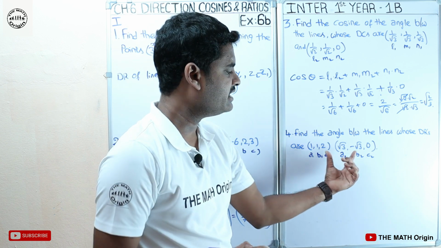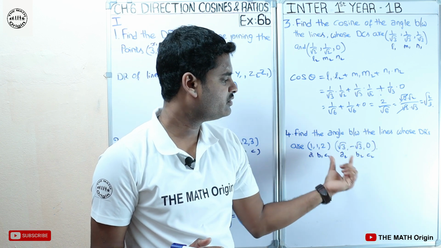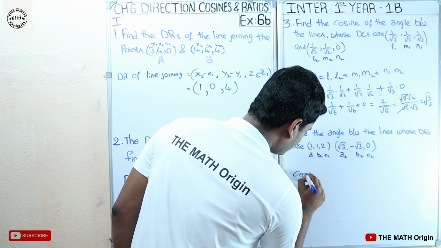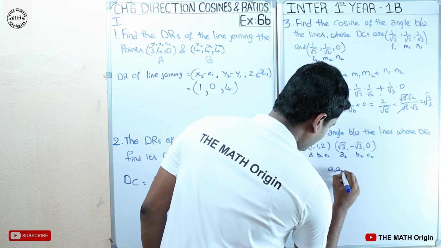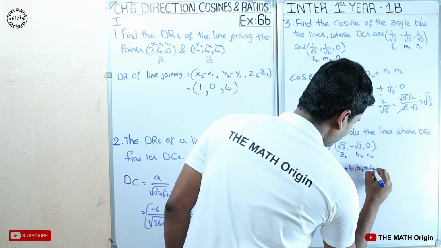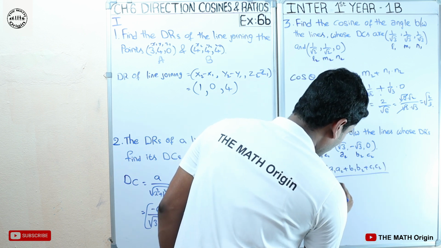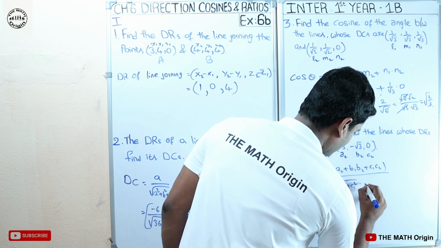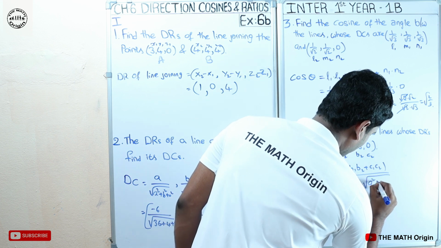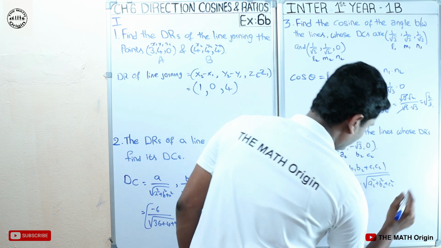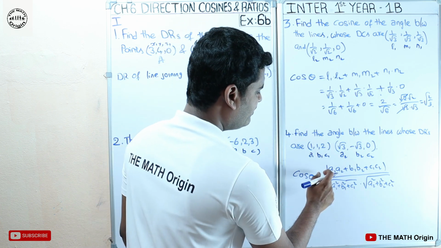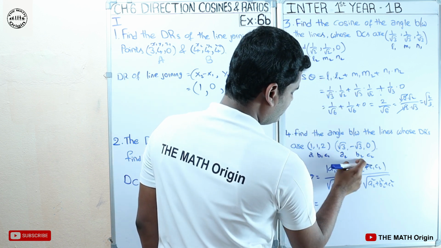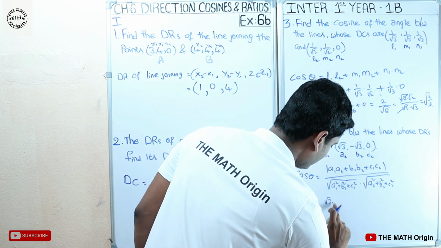To find the angle between two lines whose direction ratios are given, we have the formula cos theta equals mod of A1 A2 plus B1 B2 plus C1 C2, divided by root of A1 square plus B1 square plus C1 square into root of A2 square plus B2 square plus C2 square. Therefore that equals A1 into A2, which is 1 into √3, plus B1 into B2, which is 1 into minus √3, that is minus √3.